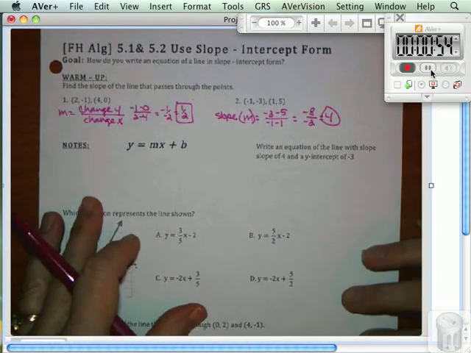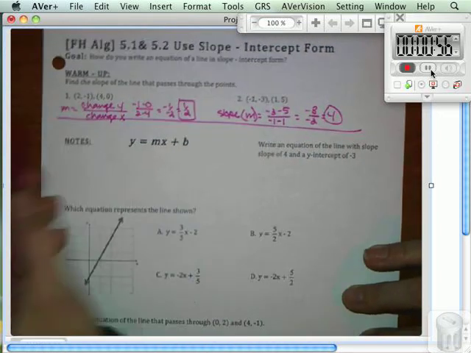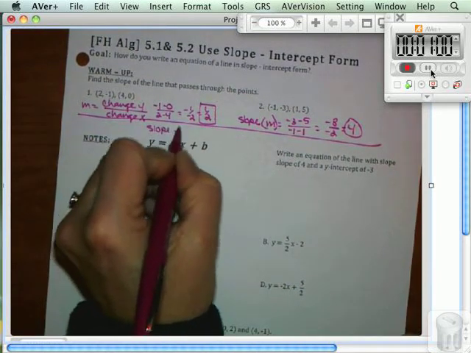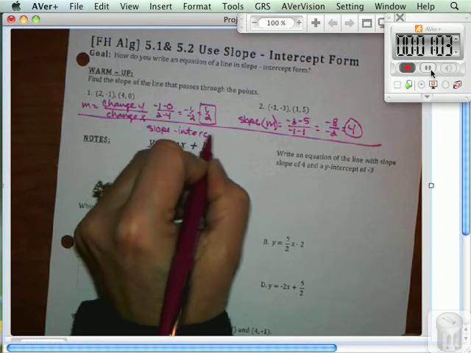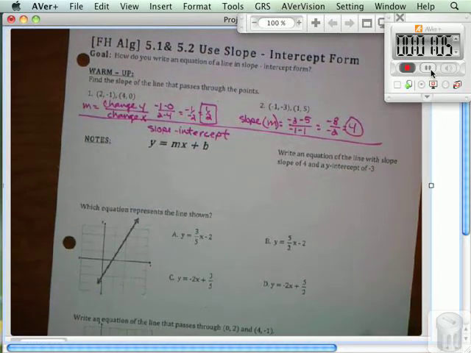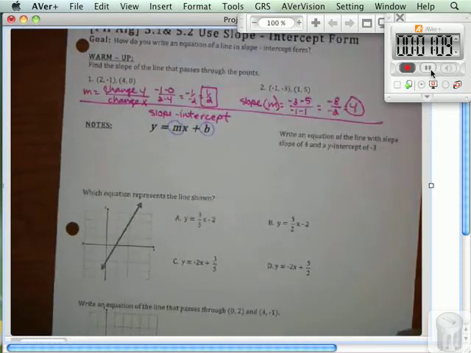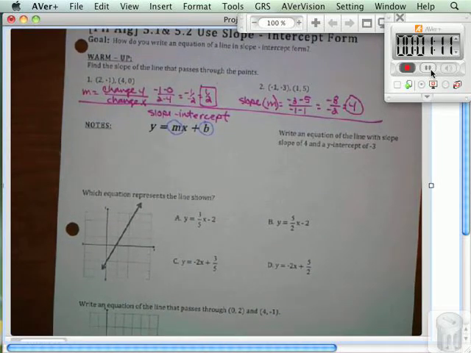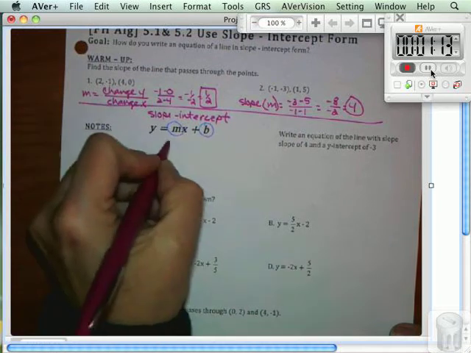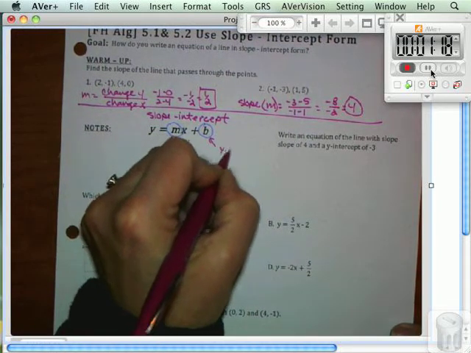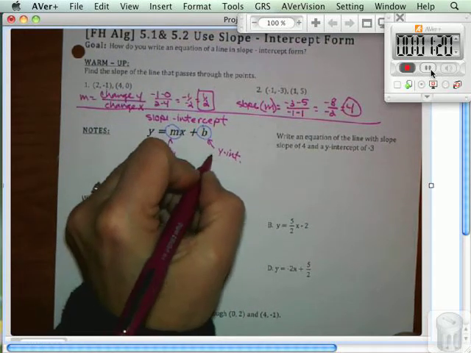All right, so we're going to look at y equals mx plus b. It's called slope-intercept because you can recognize the slope and the intercept very easily with this equation. It's always going to have the m and the b in there as numbers, and the y and the x will still be there. So this is the slope. This is the y-intercept, where the line crosses the y-axis.